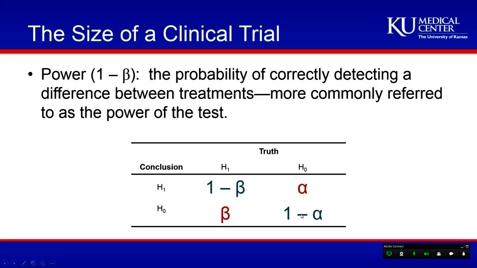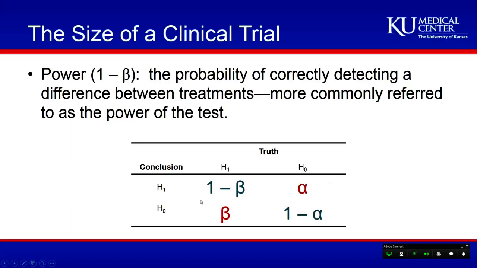So you often see these risks of making incorrect decisions along with power in a 2x2 table where you have some unknown truth, the null and the alternative, and actually what you conclude from your data. You can see our error rates are in locations where the truth differs from the decision. If the truth is there's no association, but I conclude there is an association, I'm making a false positive. If the truth is that there is an association, but I conclude that there is not, that's a false negative. And this is kind of where we want to exist.